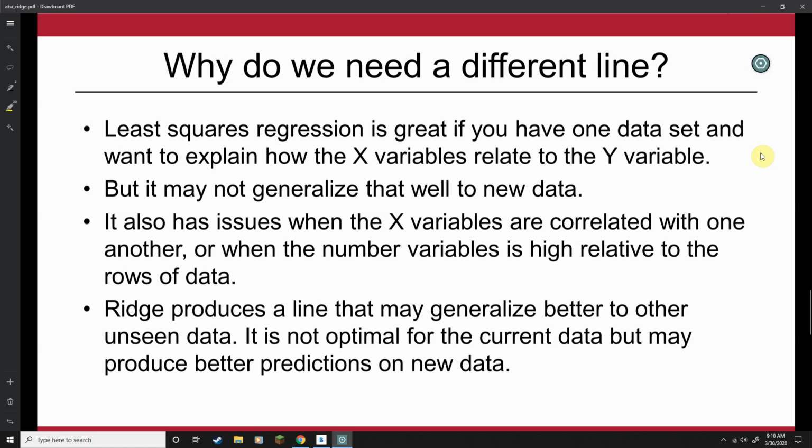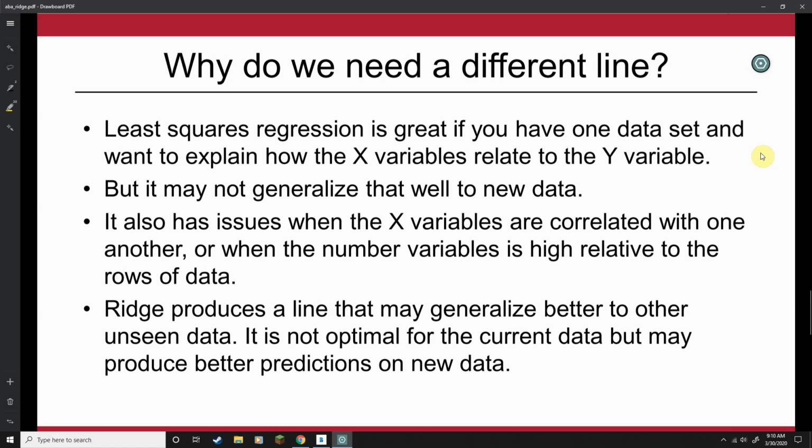So we have some X's, and we want to explain some Y. Regression's fantastic for that. However, there's also the idea of using regression as a predictive model. We have a little bit of what we plan to see. Can we fit a model that relates X to Y that's going to be good for future values we haven't seen yet? Will our model generalize well?